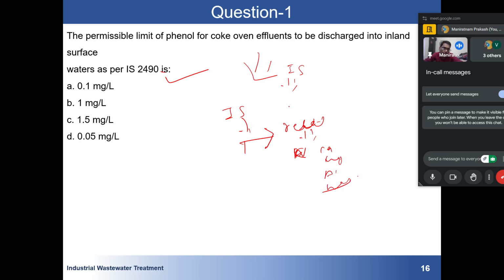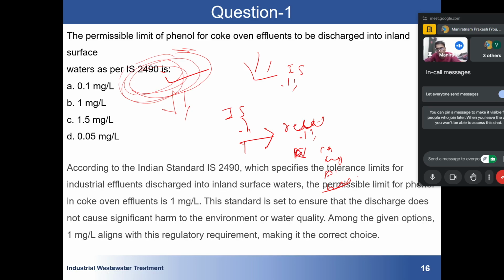Similarly, if you are working in industrial wastewater, you should know some of the basic limits. For example, phenol is a very basic organic matter that is present in many places. So that's why this question is here.